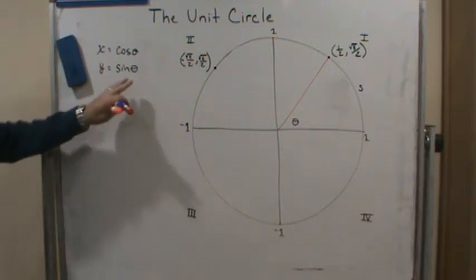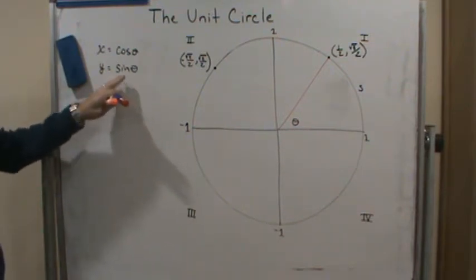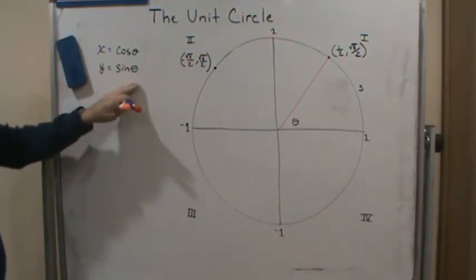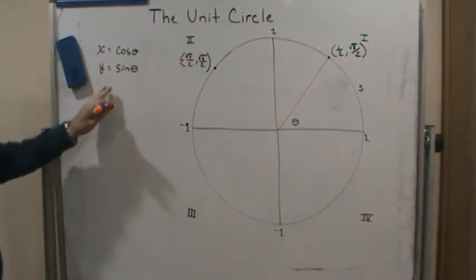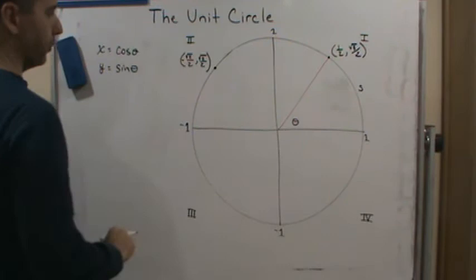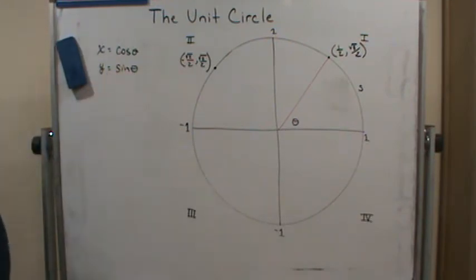Incidentally, we can go to a general formula, but we'll cover that later when we talk about polar coordinates. There's a more general formula for x and y, but for the purposes of what we want to do here, just realize that we can represent x and y as just cosine theta and sine theta, respectively.